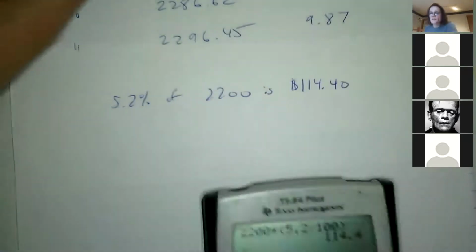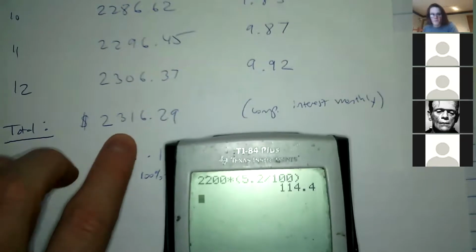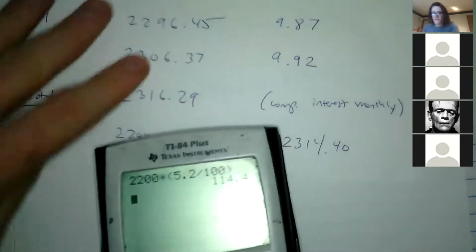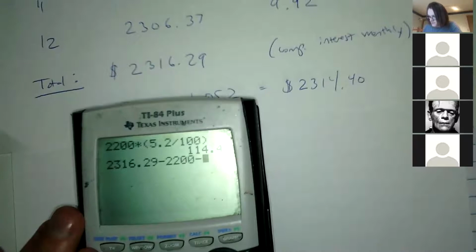Now, if we compounded it monthly, what do we get? So we get this much money, and let's see what the interest is, right? I said it was about $2 more. So 2316.29 minus 2,200. There you go.